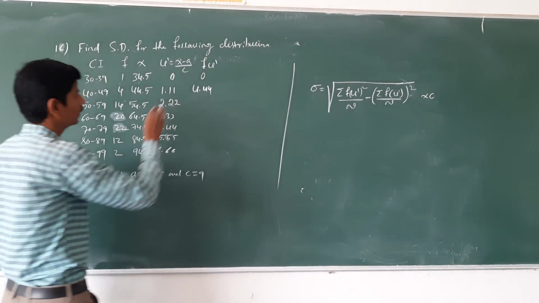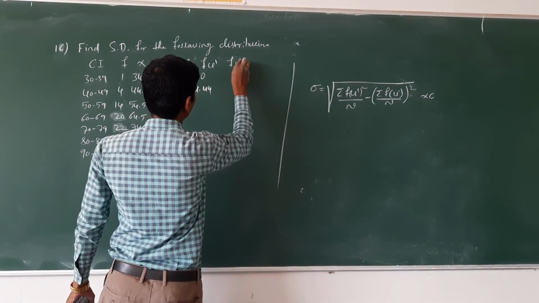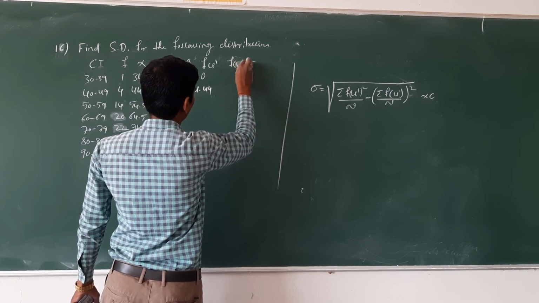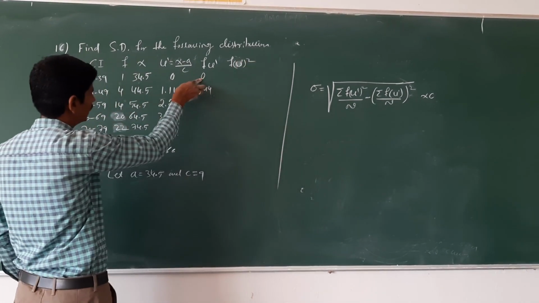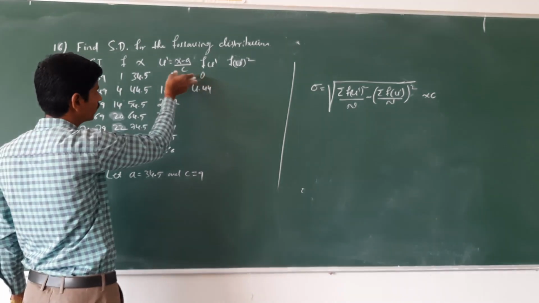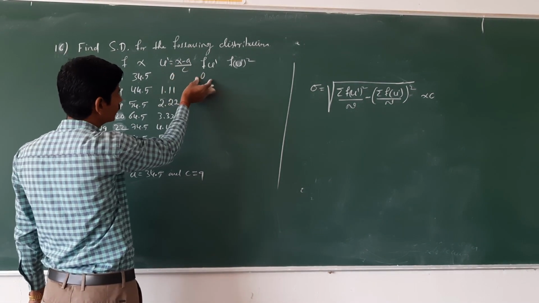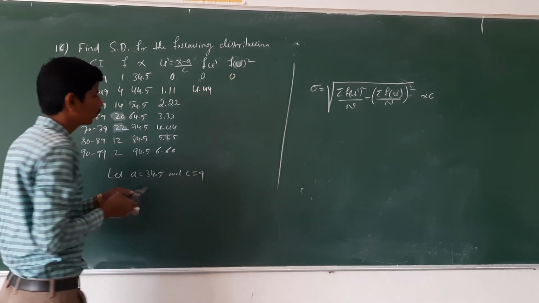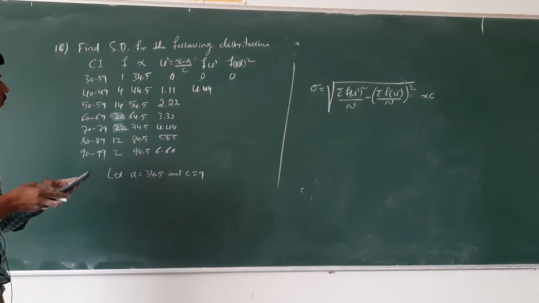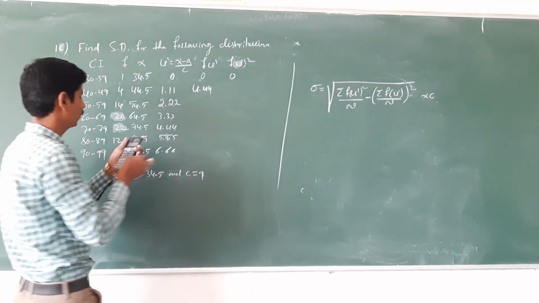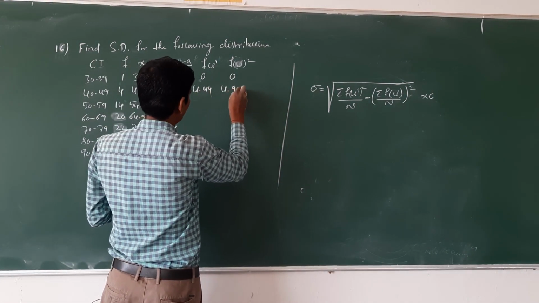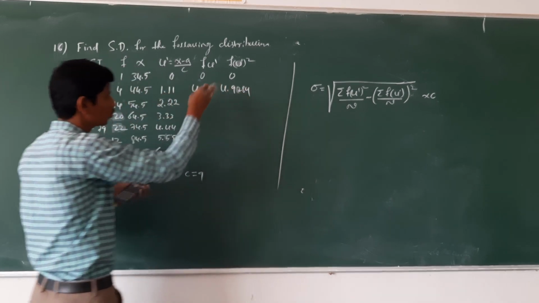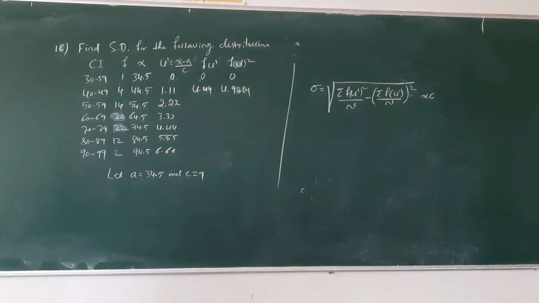Next we have to calculate f into u dash square, that is f u dash into u dash is f u dash square, that is 0 into 0 is 0, 4.44 into 1.11 is 4.9284, and so on. Okay, you have to find.